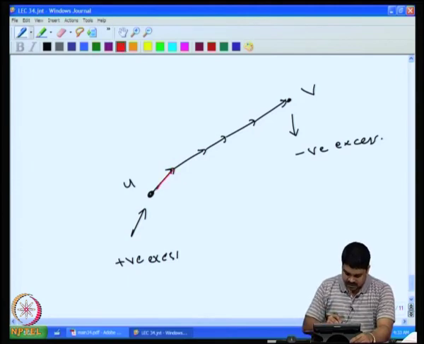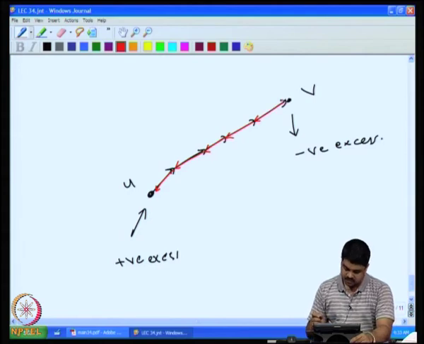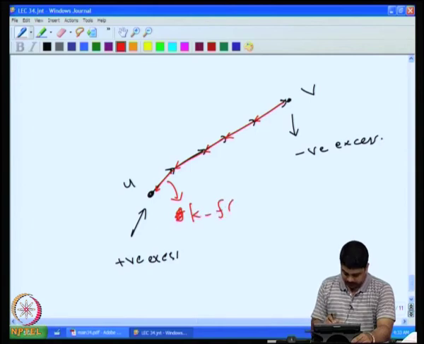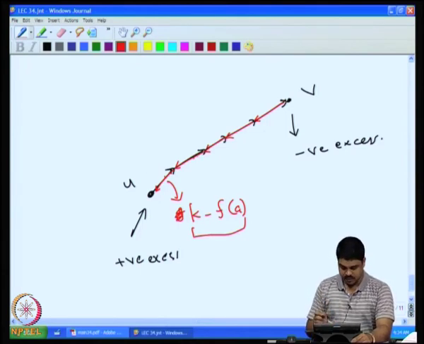We consider changing the direction of the edges here, and then we assign the value k minus f of a for each of them. So, if f of a is the value here, put k minus f of a here, and for all other edges we keep it the same.